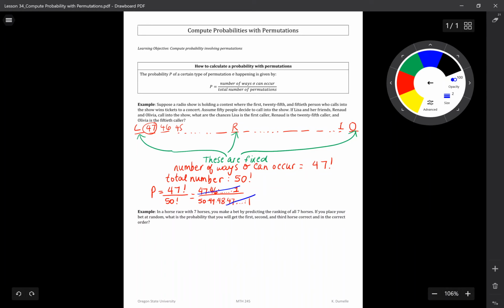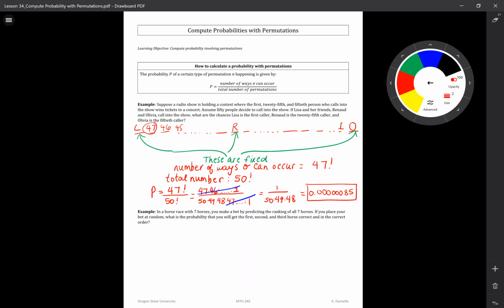And I'll be left with 1 over 50 times 49 times 48. And if I were to calculate this, it would be 0.000000085. So extremely unlikely that this is the case, but it's possible.